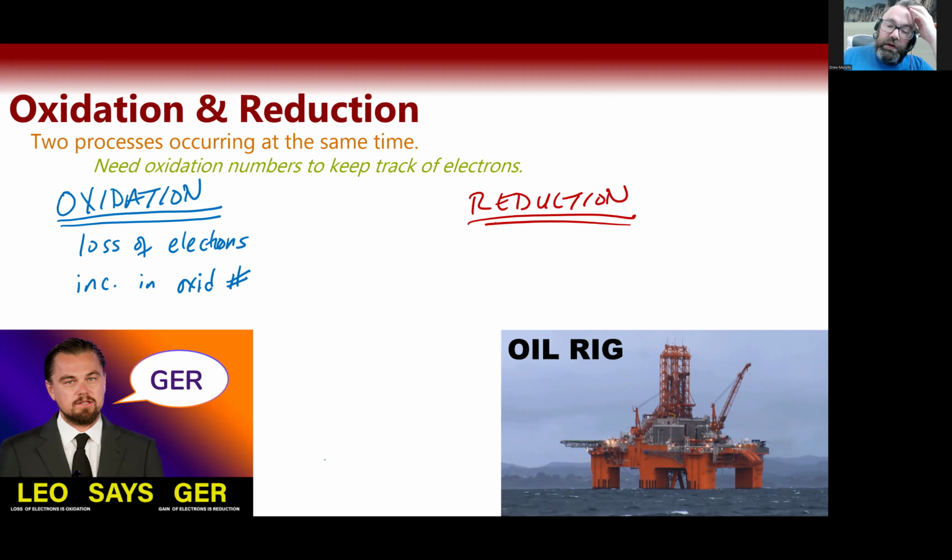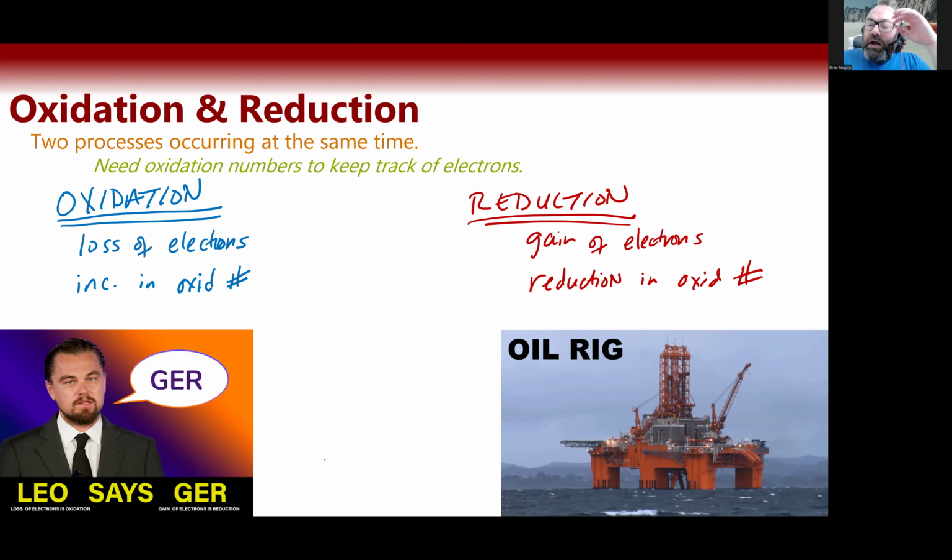What we really mean here is the reduction is a gain of electrons. This means we're having a reduction. This is how I try to keep it straight. A reduction in the oxidation number.